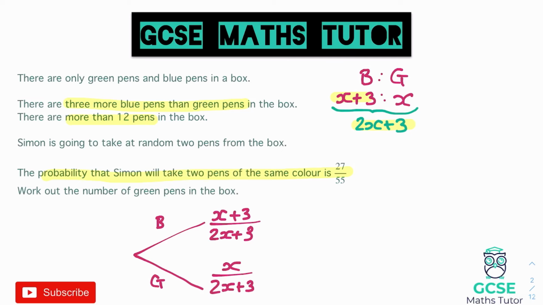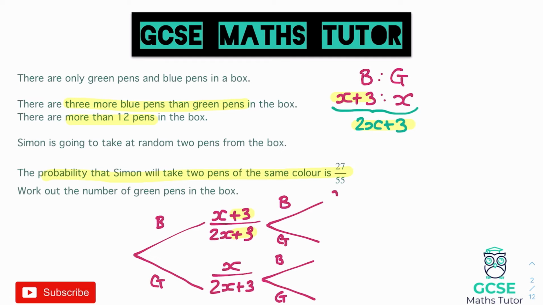Now again, we are only really concerned here about taking the same colours, so we don't need to fill in every single branch this time, although feel free to do that when you are practicing, because it is good to be able to create these expressions. But if we take out a blue, so our numerator is going to reduce, the plus 3 is going to go down to plus 2, and the denominator, the plus 3 is going to go down to plus 2.